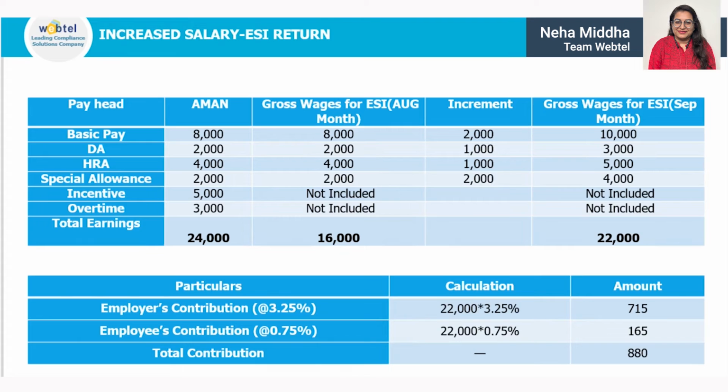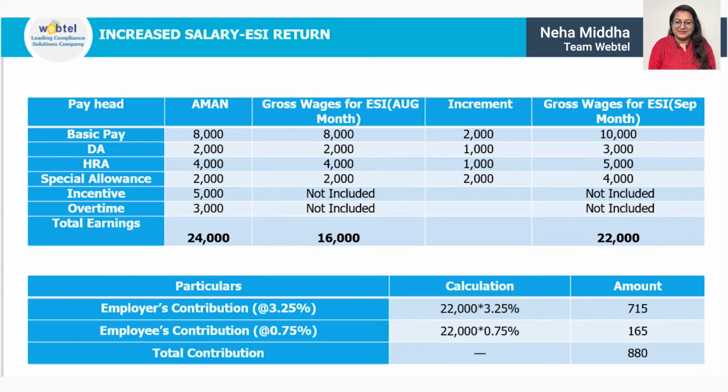After September, the first half of the financial year is completed. Then in the month of October, the ESIC eligibility is calculated again, and if he is found not eligible this time, then for the next half year the ESI will not be deducted.